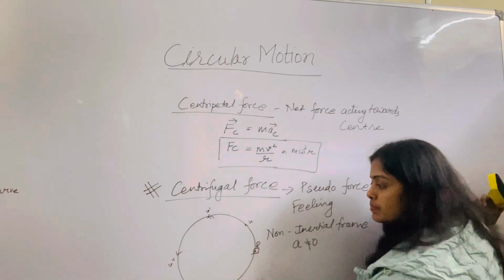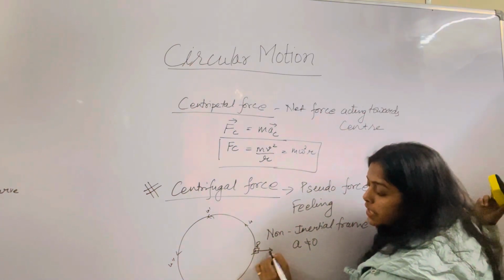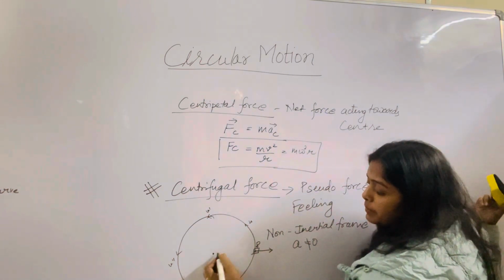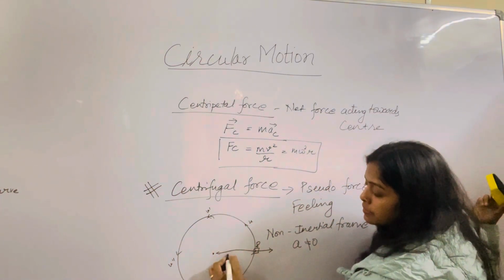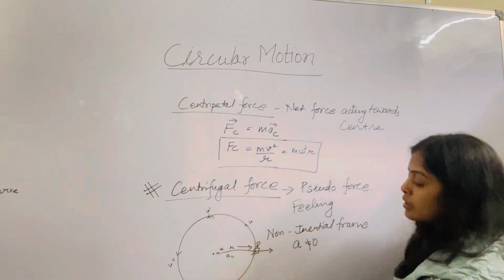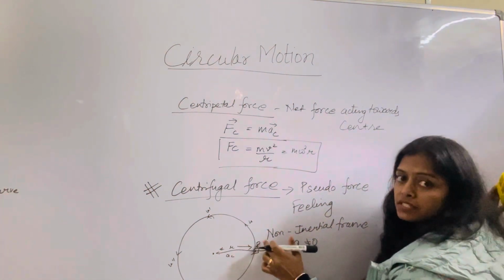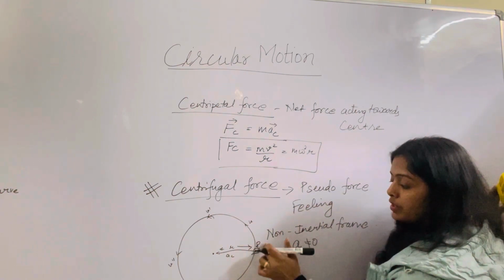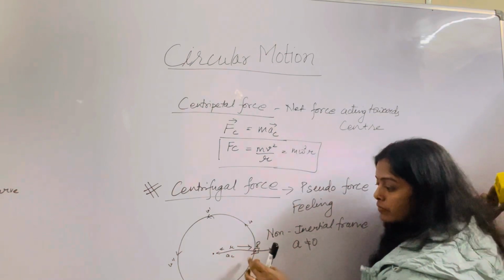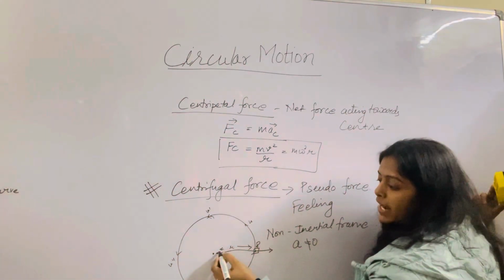At this point a centrifugal force will act in the outward direction from the center, and we know that the centripetal force is acting in the inward direction. So centrifugal force is the force which this person feels when sitting in a non-inertial frame, in the outward direction from the center, and it's equivalent in magnitude to the centripetal force acting toward the center.